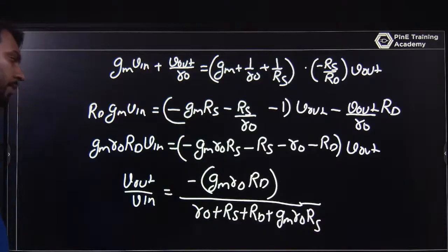Yes, hello. Is it like this? Okay. So you can say that it is minus Gm R naught RD upon R naught plus Rs plus RD plus Gm R naught Rs.